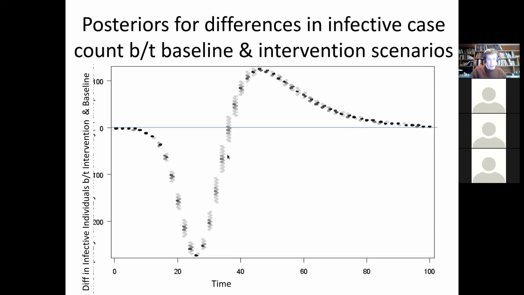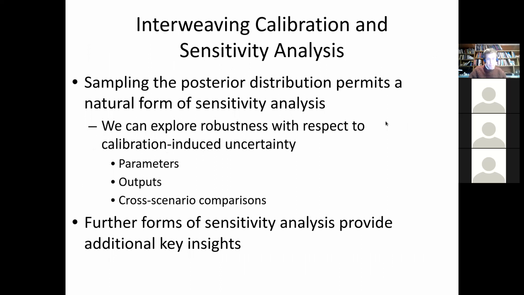This is telling us, at time 40, there's quite a bit of uncertainty about how much gain we will have gotten from the intervention versus the baseline. In fact, in the intervention case, there'll probably be somewhat more people infected than compared to earlier. Whereas, ultimately, there are very small differences between the two.